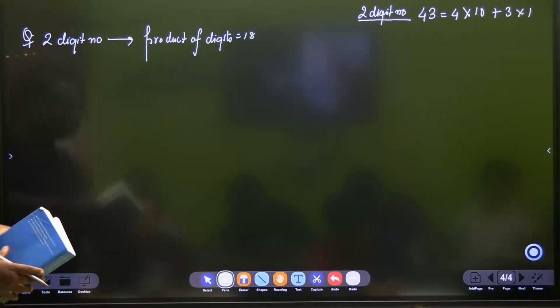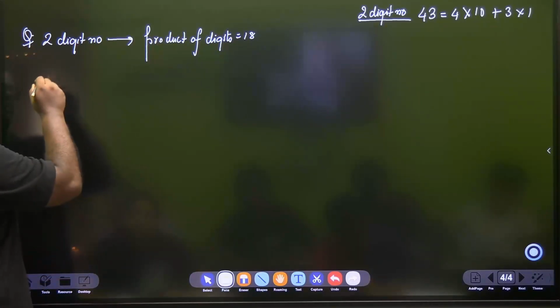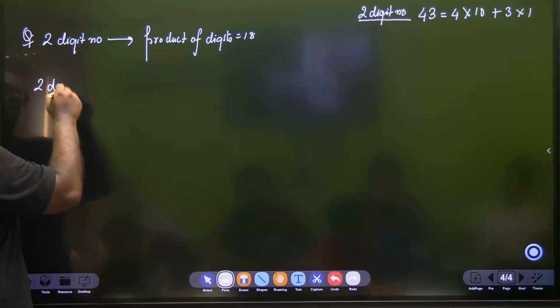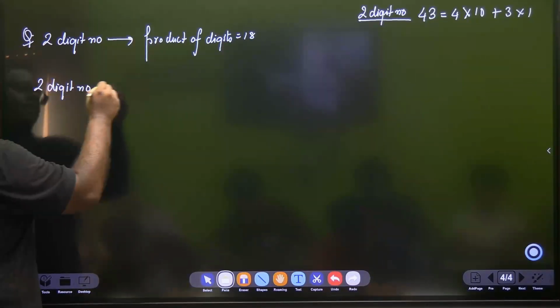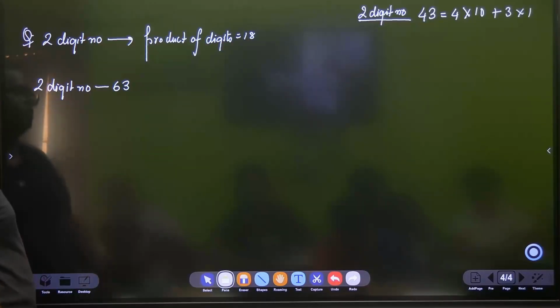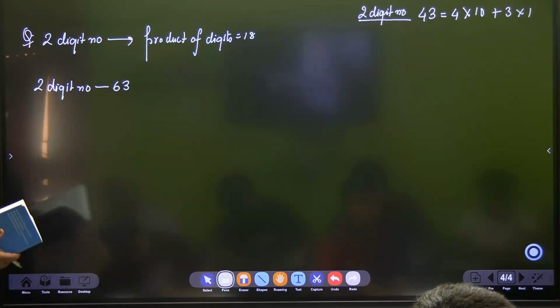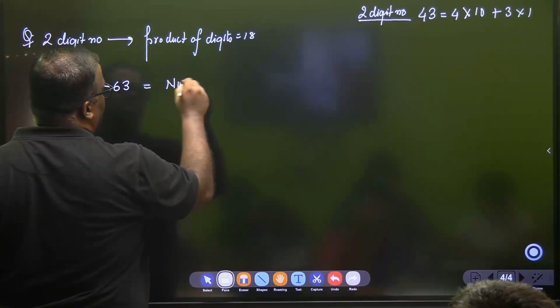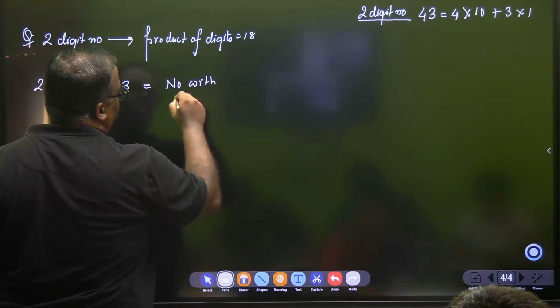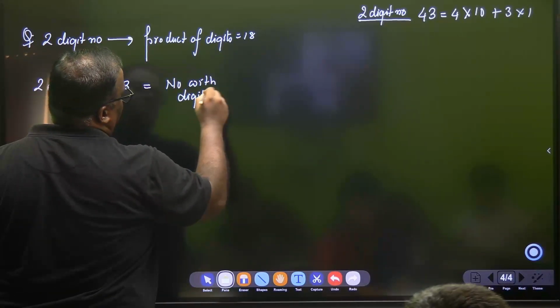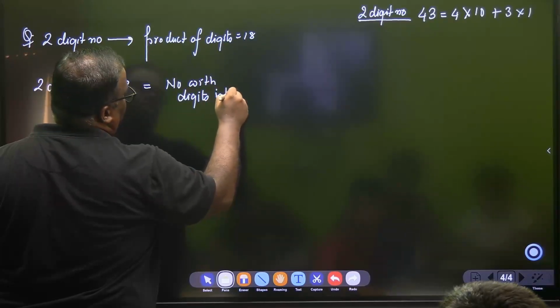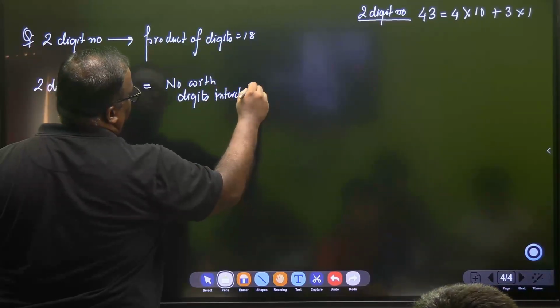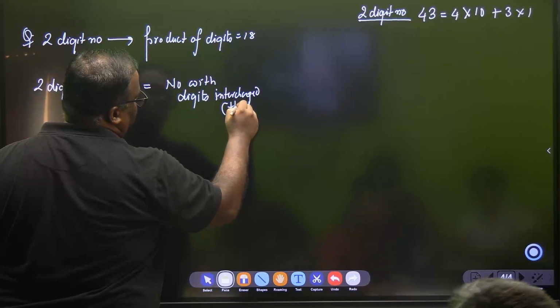When 63 is subtracted from the number, the 2-digit number minus 63, the digits interchange their places. You get a number with digits interchanged, basically their places.